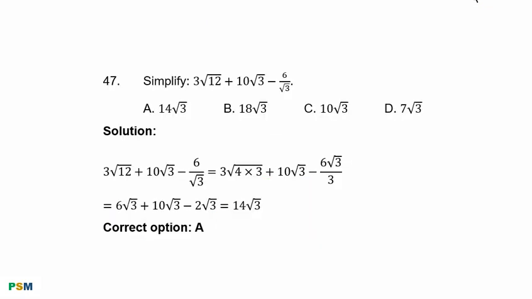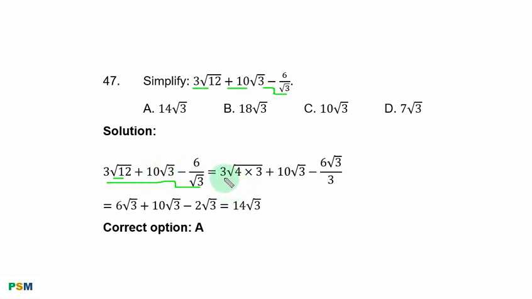Question 47. Simplify 3 root 12 plus 10 root 3 minus 6 over root 3. Solution. This is the given problem. You express 12 as 4 times 3.